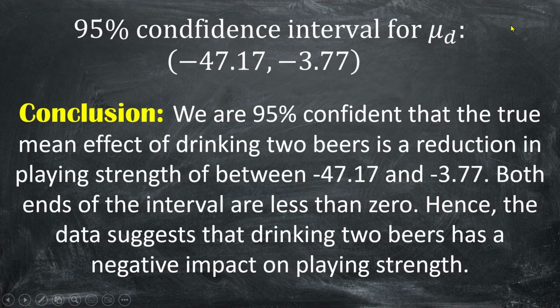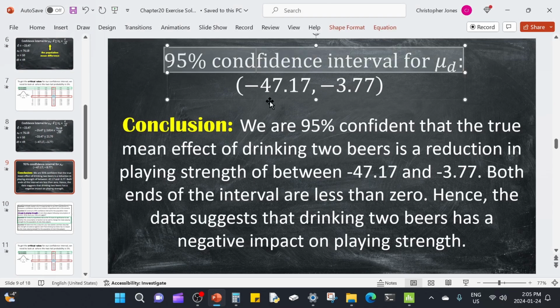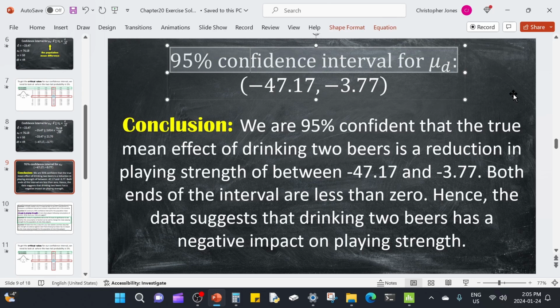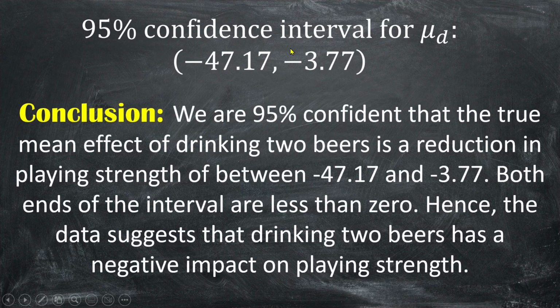So here is our 95% confidence interval for mu d. I just noticed that there's a funny misspelling here. That's better. So the 95% confidence interval for the population mean difference is between minus 47.17 and minus 3.77. What do we conclude?